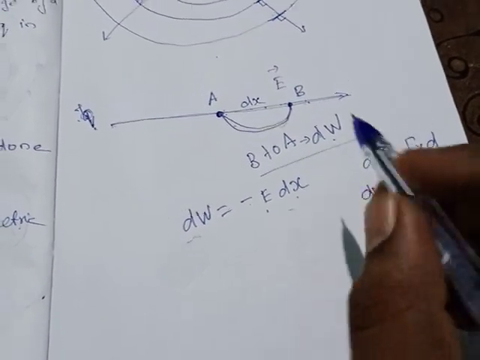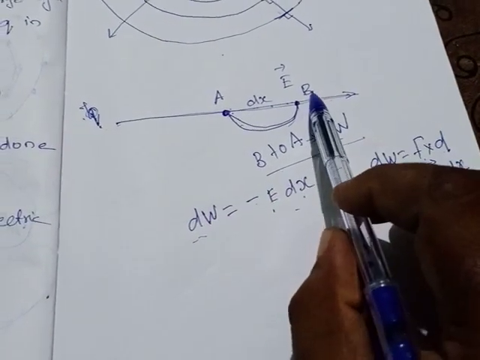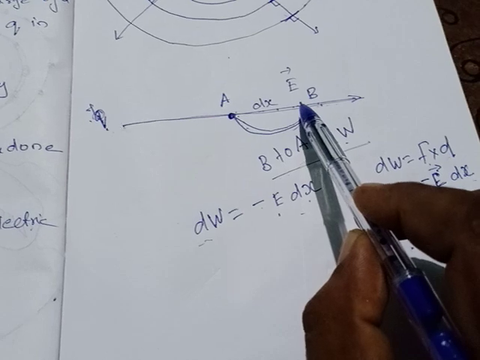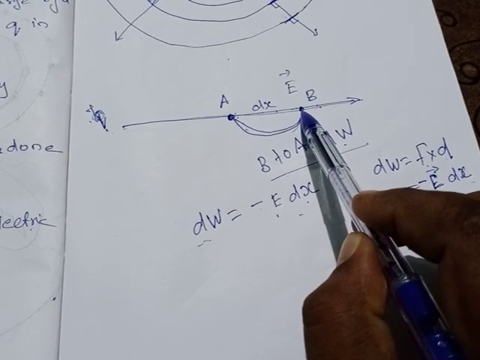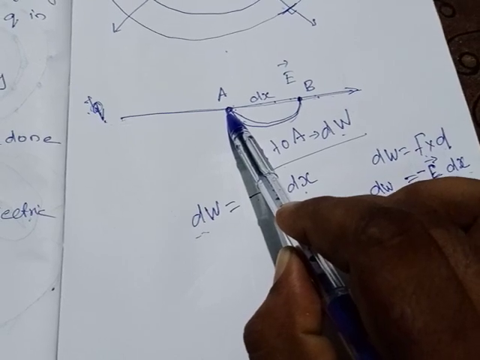And now you see it is an equipotential surface, so the potential difference at this point and this point is equal.